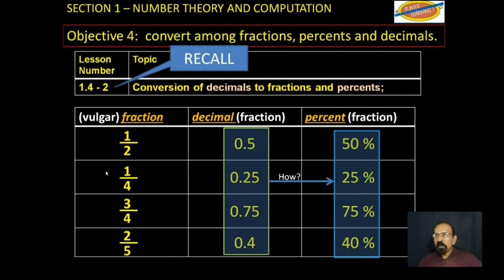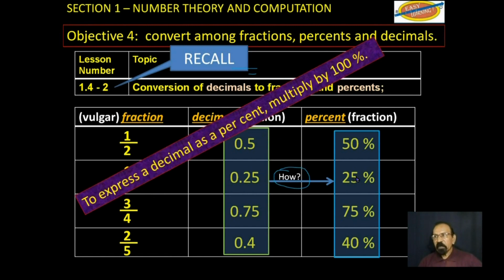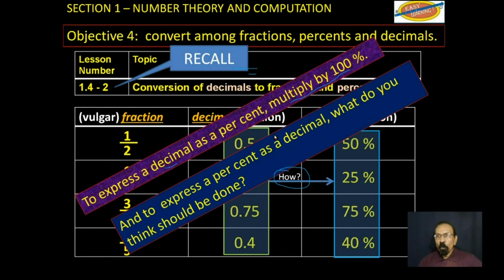You may recall in the last video, we learned how to carry decimal to percent. And we said to express a decimal as a percent, you multiply by 100%. So, okay, if you are going from decimal to percent and you multiply by 100, what do you think you should do if you are going from percent to decimal?